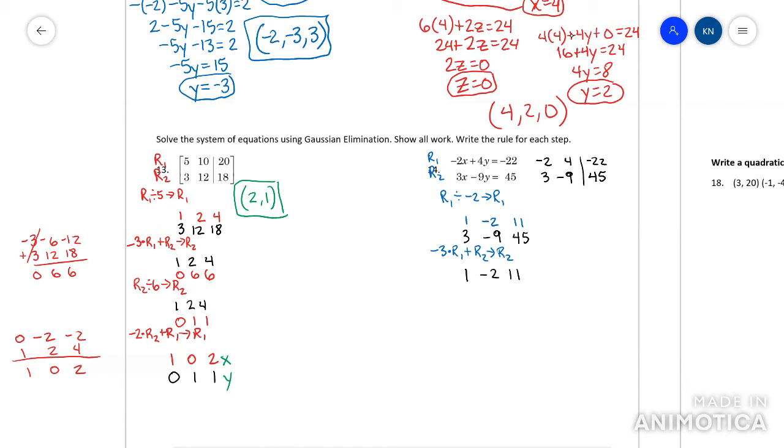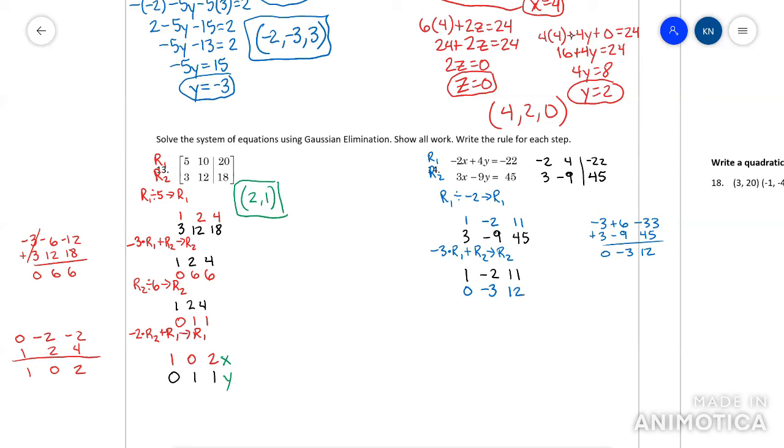And then I'll write it off to the side. -3R1 would look like this, and you're adding it with row 2. 0, -3, 12 is my new row 2.